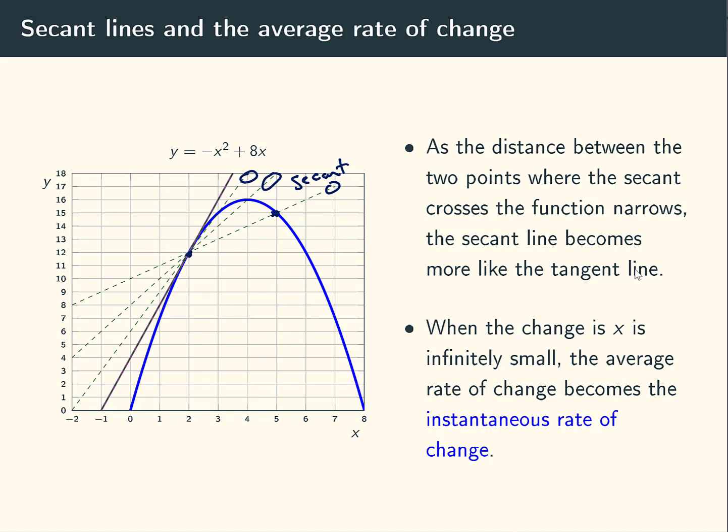How can we get the secant line very close to the tangent line? Well, mathematically, algebraically, we can use this idea of limits, so that we can make the change in x infinitesimally small. Notice that the change in x was getting smaller and smaller as the secant line was getting closer and closer to the tangent line.